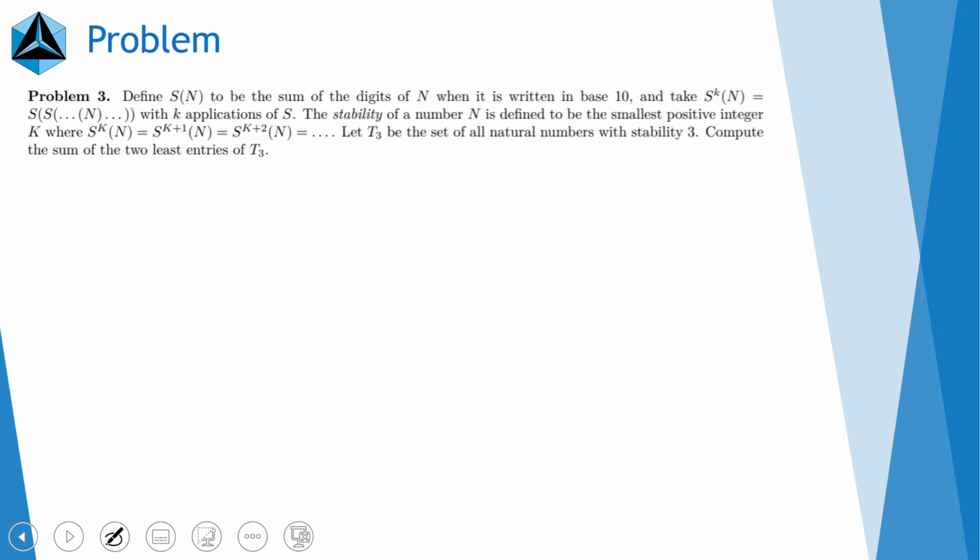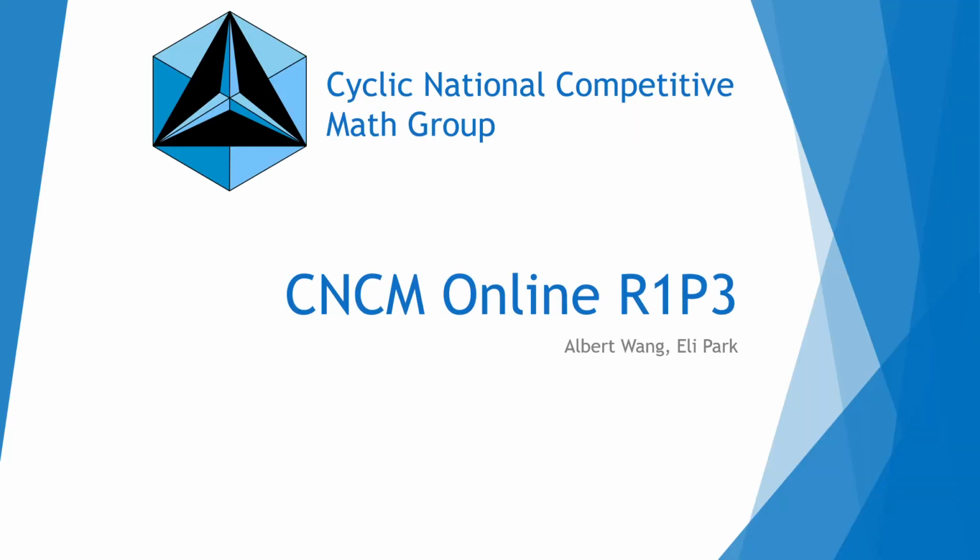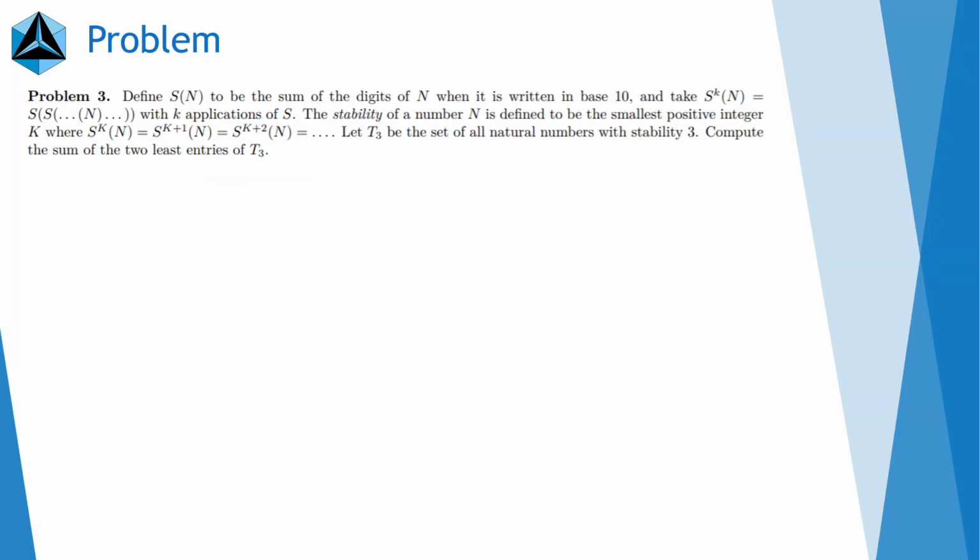So let's start thinking about the numbers with stability 1. What kind of numbers have stability 1? Well, by our definition of S, those are the numbers whose sum of digits is a single digit number. So for example, we can take 34.